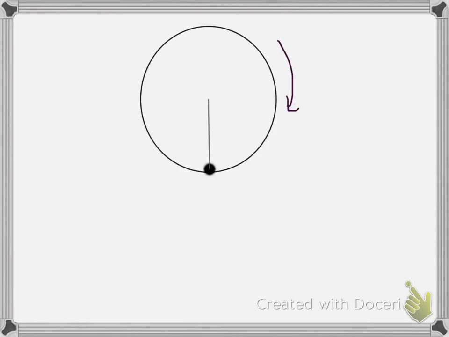Now we want to look at what happens if we take this ball and we whirl it in a circle that is vertical, so up and down. Well, here we also have a tension force and a weight force. Both of these forces are centripetal forces.